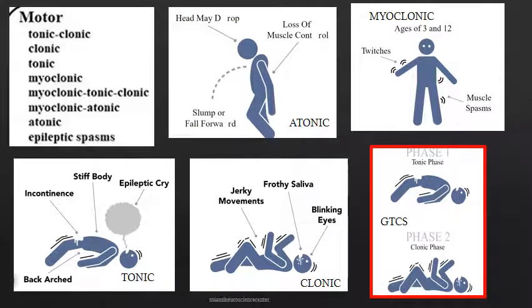The most common presentation, the most widely recognized presentation of a seizure is the generalized tonic-clonic, which is a combination of a tonic and clonic presentation. It usually starts with the tonic phase and then proceeds to a clonic phase.